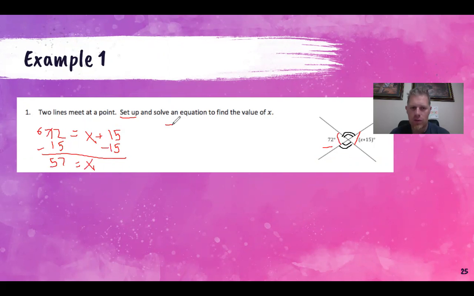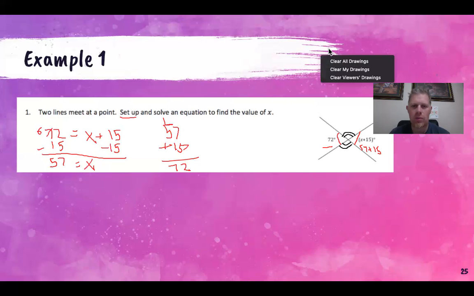If I take 57 and add 15, I want to check that I get 72. 7 plus 5 is 12, carry the 1. 5 plus 1 is 6, plus 1 is 7. Hey, 72. So I got my right answer. That's how we do that one.